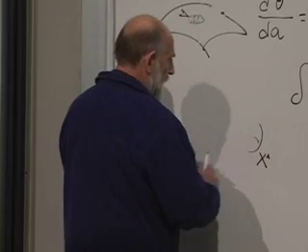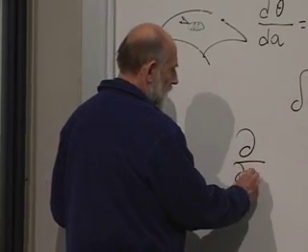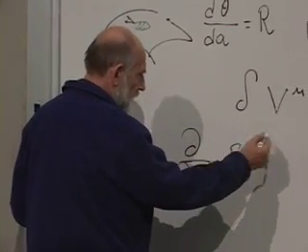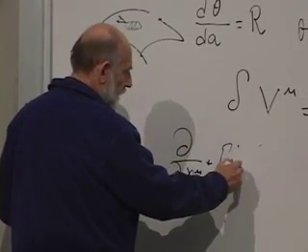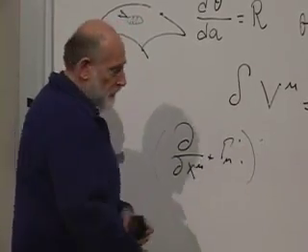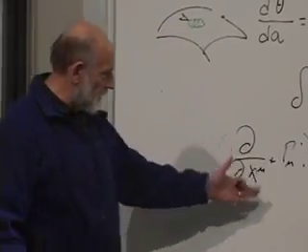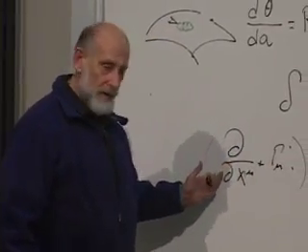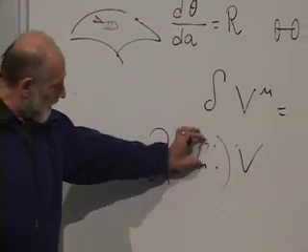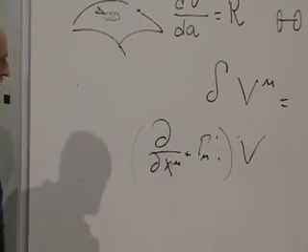It's the derivative with respect to x mu plus gamma mu dot whatever. It acts as a differential operator on vectors. It contains derivatives, and it contains multiplication by gammas, which are also matrices and act as matrices.